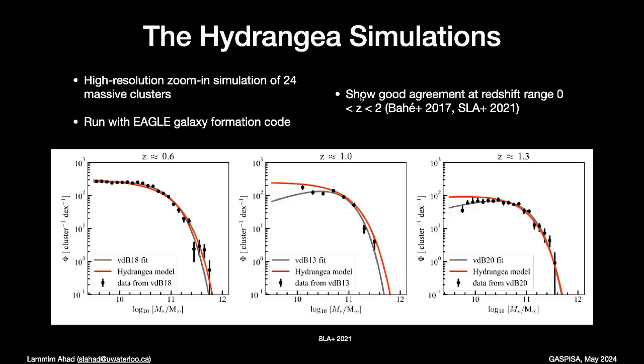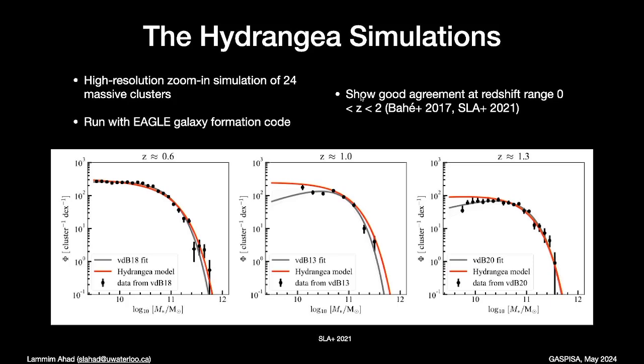We already showed in previous works that these simulations show pretty good agreement out to redshift 2 for stellar properties of galaxies, and more specifically, I'd like to draw attention to this plot where we compared the stellar mass function from Hydrangea with observations of clusters, especially the one in the right panel at redshift 1.3. The Gauguin stellar mass function from Remco van der Burg's paper is shown in black, and the red one is coming from Hydrangea.